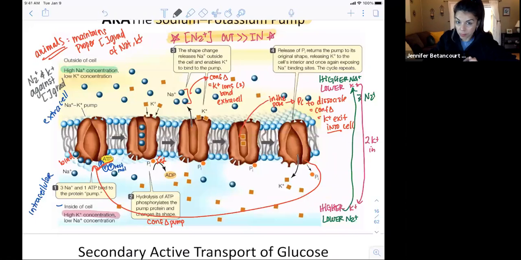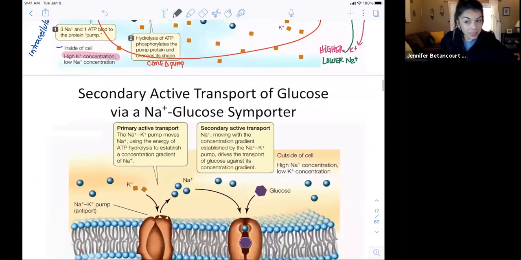Now let's see how that contrasts with the sodium-glucose symporter. This already gives you ideas of what's going to happen. This tells you sodium's going to be transported, glucose is going to be transported. If it's called a symporter, then they're probably going to be traveling in the same direction through the same protein. And that's exactly what happened.